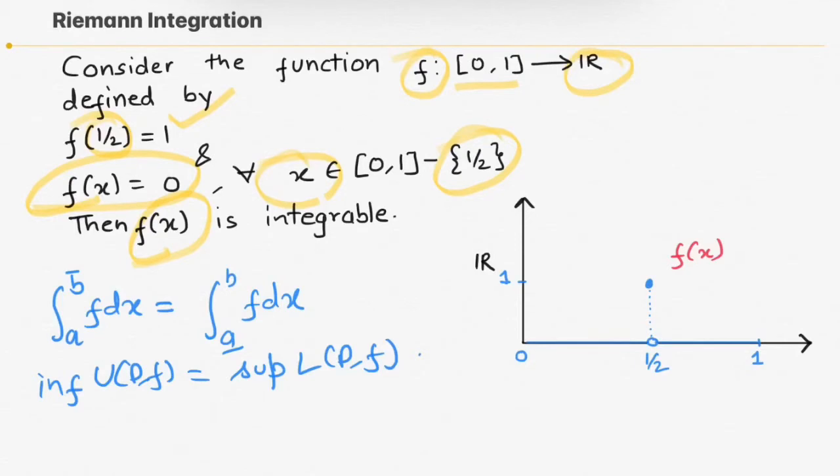So in order to find U(P,f) and L(P,f), we must take a partition of the interval [0, 1]. Suppose this point is x0, this is x1, this is x2, this is x_{r-1}, this point is x_r, and suppose this point is x_{n-1}, and this is x_n.